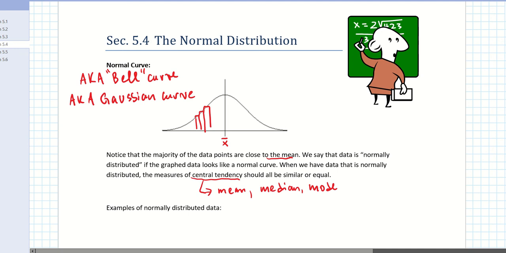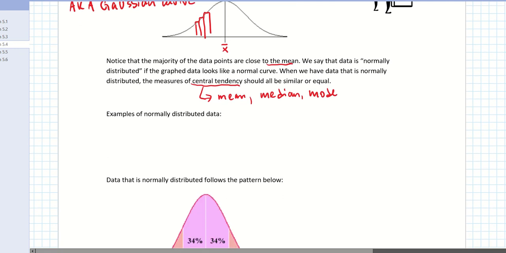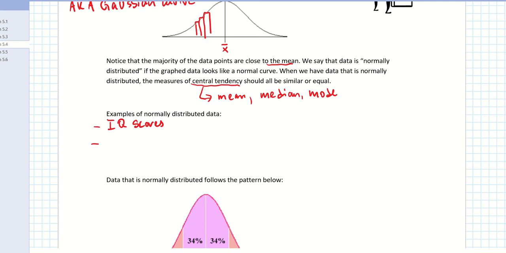So there's a lot of data that follows this pattern. One of the common examples is IQ scores, which go from 0 to 100%. So most people fall somewhere around the middle. The mean is supposed to be 100 points. I don't know what they actually use for the scoring, I think it's just points.